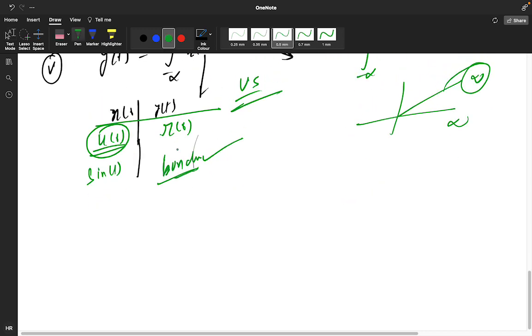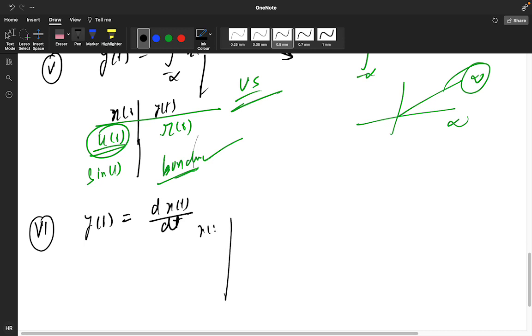What about this? y of t is equal to dx of t by dt. So check it. If you are taking x of t as u of t, then differentiation of u of t gives you delta t.